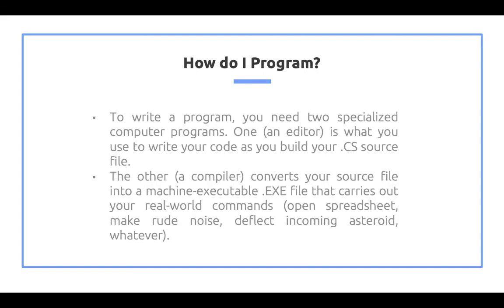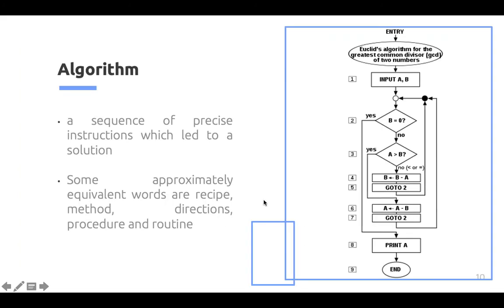Therefore, whatever code we write in C Sharp must be converted into machine code so that your computer will be able to understand it. So, this converted file is now executed.